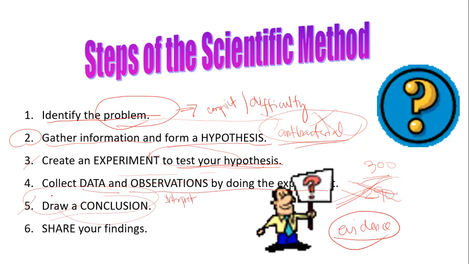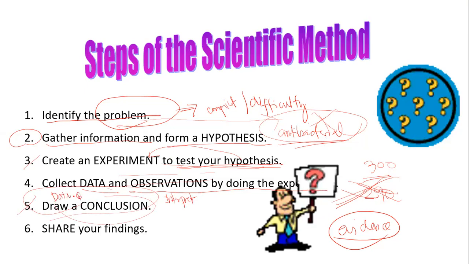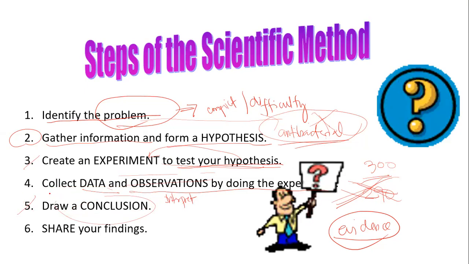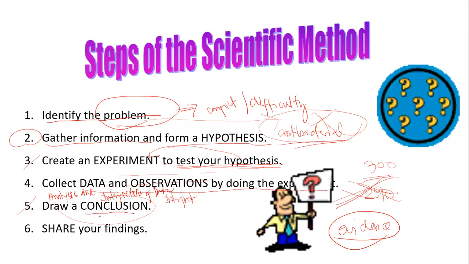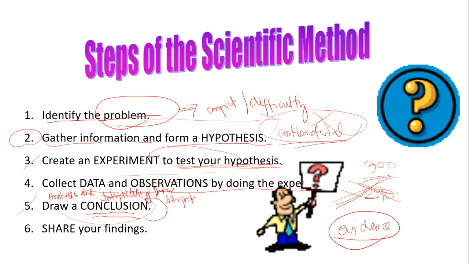And before this, sometimes there is an added step, data analysis and interpretation, because you cannot come up with a conclusion without interpretation of data, or without further analysis of the data. And right after drawing out the conclusion, you need to share your findings.